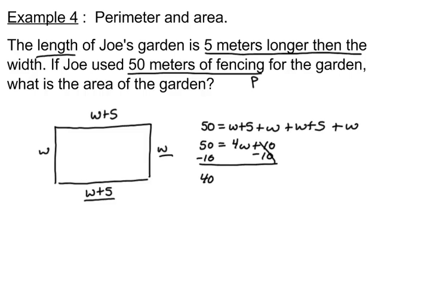And I've got 40 is equal to 4W. That means that 10 is equal to W because you divide by 4. So I'm going to put that in there. So this is 10. And 10 plus 5 is 15. So then the area is equal to 10 times 15, which is equal to 150 meters squared. And that is how we find example 4. All right, thank you.